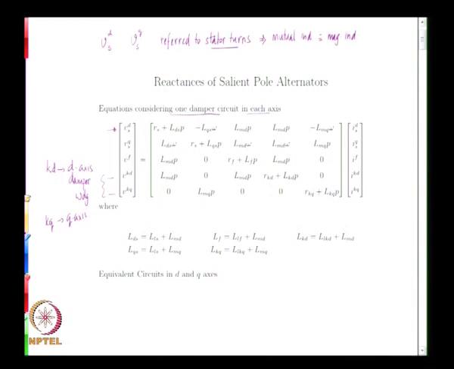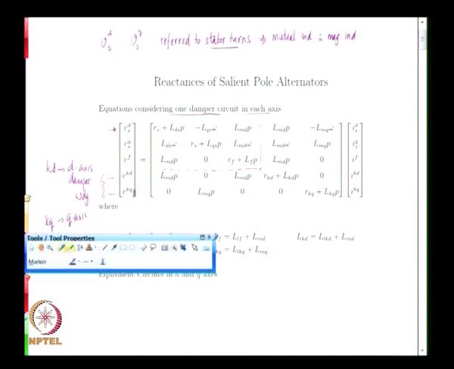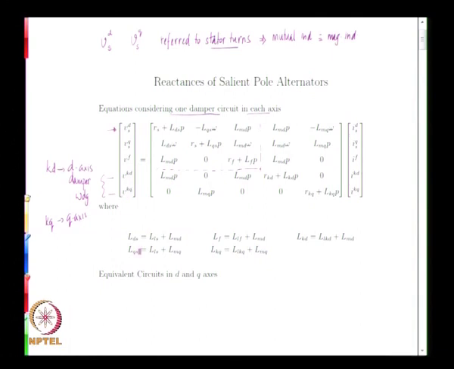If these are not there, we will have only this subset of the alternator equation, where you have only d and q axis of the stator and then the field. Now in addition we have one coil representing damper on the d axis, one coil representing damper on the q axis. So Lds is then equal to the leakage inductance plus Lmd, which is the magnetizing inductance on the d axis.